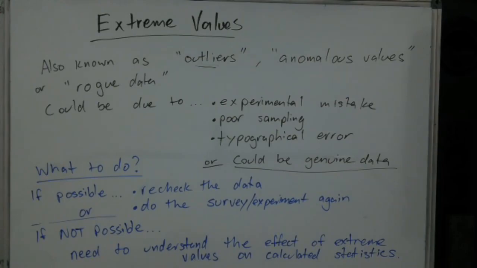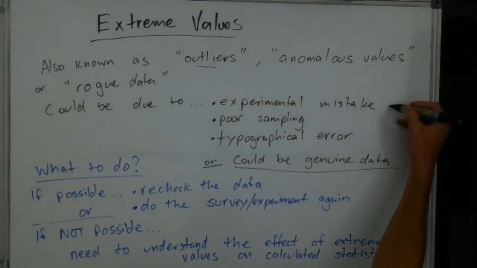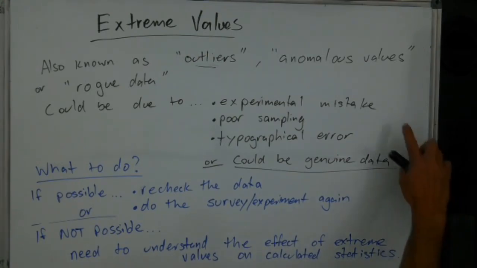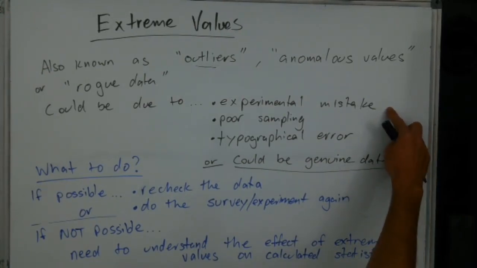Now the reason that these values could pop into our data could be due to experimental mistake, and that is where the original way that the data is collected doesn't necessarily lend itself to collecting very good data that can be used.